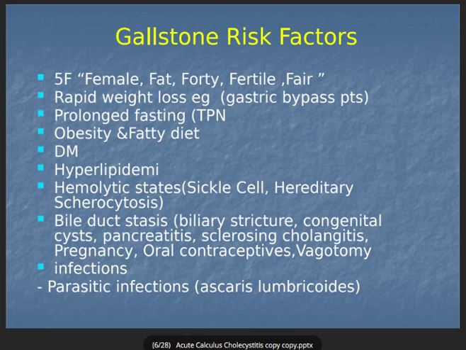Another risk factor is rapid weight loss, the same as the fat. The more you mobilize fat and it goes into the bile, into the liver, the more you have, and you end up with, like we said with the sugar, more in the bile than the solvent can dissolve, and at the end of the day you end up with a nuclei that can form a stone.